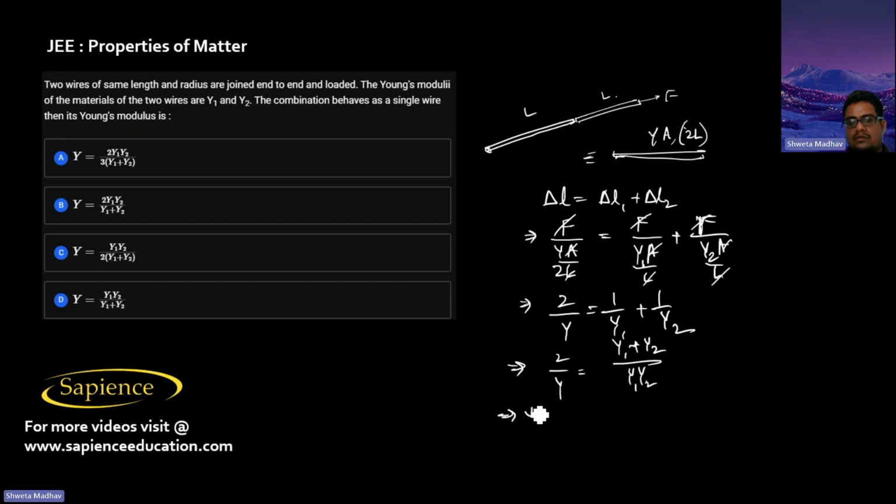So therefore y will be equal to 2y1 y2 by y1 plus y2. So this is the Young's modulus of the combination of the two wires. So option B is the correct answer.